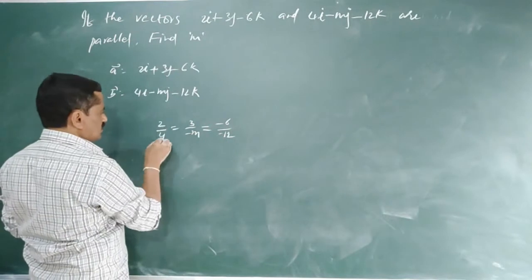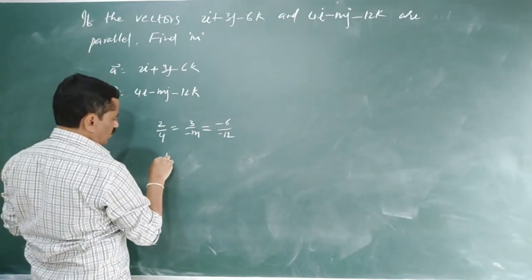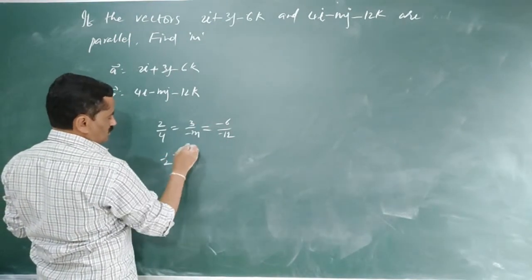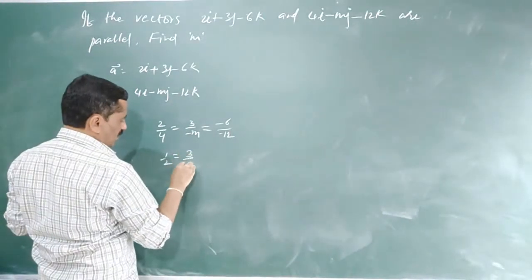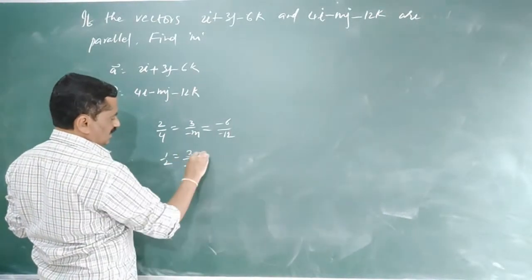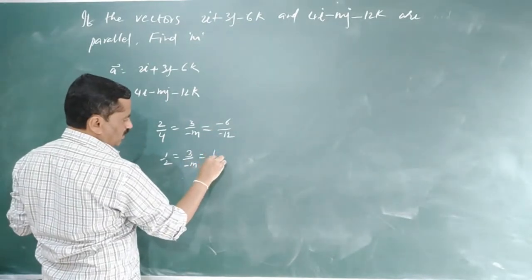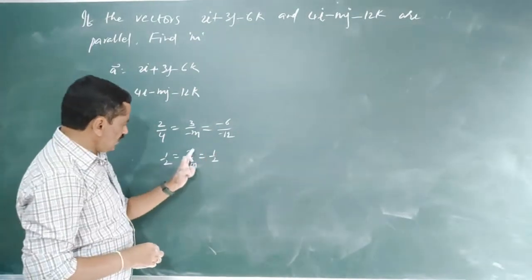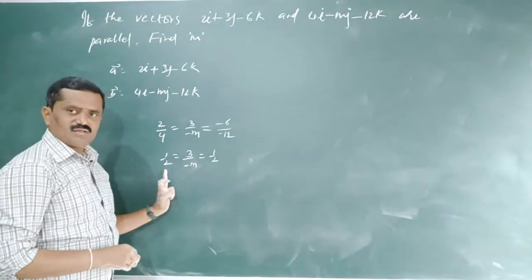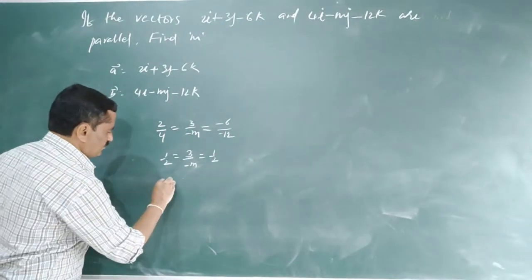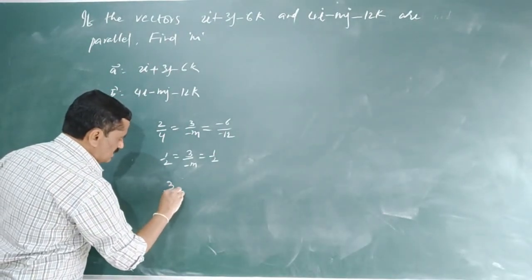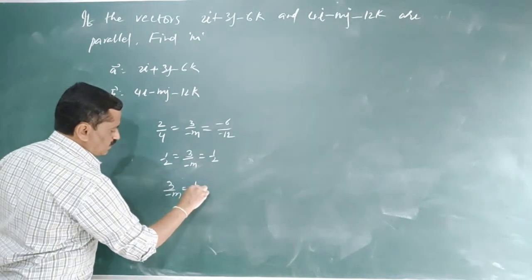Simplifying this, 1 by 2 is equal to 3 divided by minus m, again equal to 1 divided by 2. Now equating this with either this or this, therefore 3 by minus m is equal to 1 by 2.